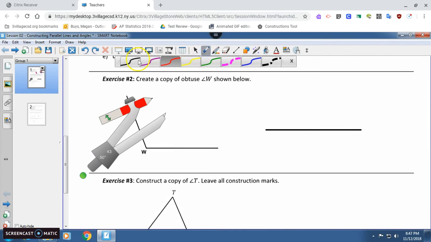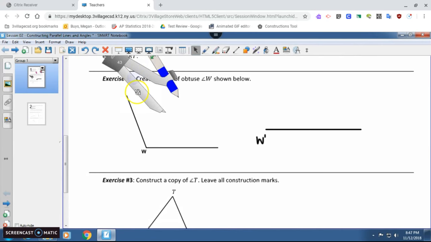Since we're creating a new angle, I'm just going to label this point as W prime, just because this is going to be the image of our original, but we're going to follow all the same steps. So to start off this construction, we start with the clear piece of our compass at W.